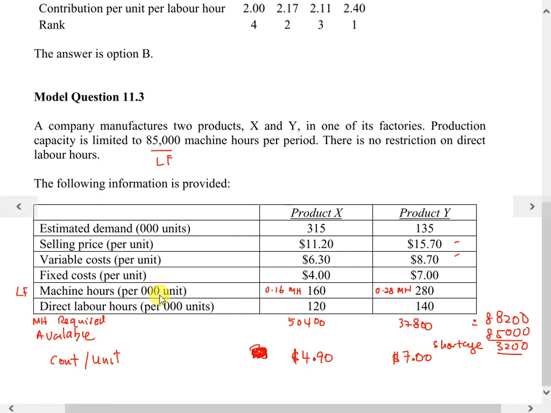Contribution per unit divided by the limiting factor, which is our machine hour. So required 0.16 machine hour and 0.28.